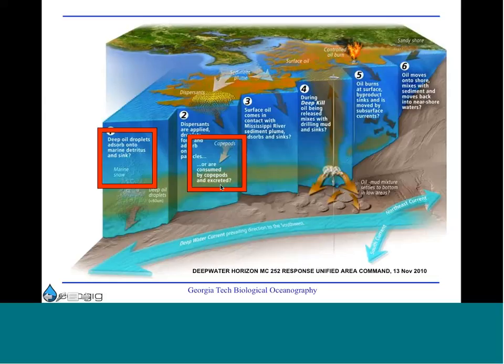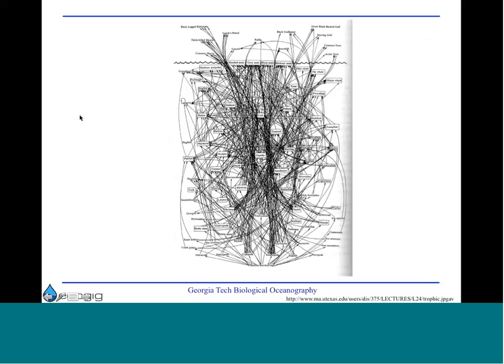Now, I told you that there's a lot of biological activity captured inside these two red boxes, but you don't see anything resembling a food web. And one of the reasons for that is food webs are complicated. This is a classic figure that shows an attempt to capture the feeding relationships of North Atlantic cod.